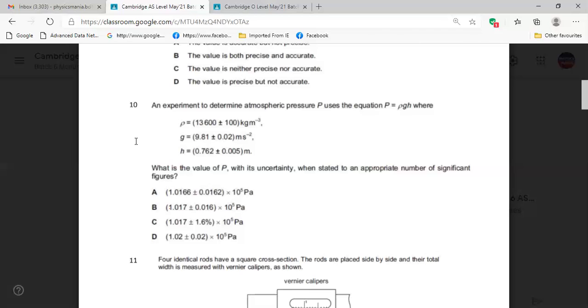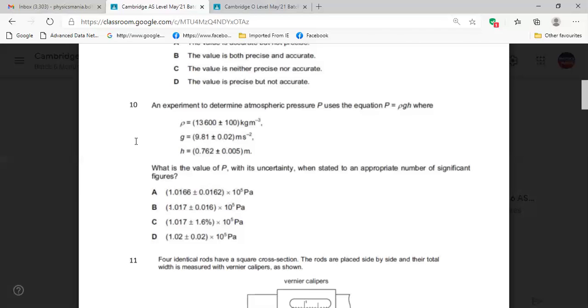So you got here del P equals 0.0162 times 10 to the power 5, and P you got 1.017 times 10 to the power 5, right?